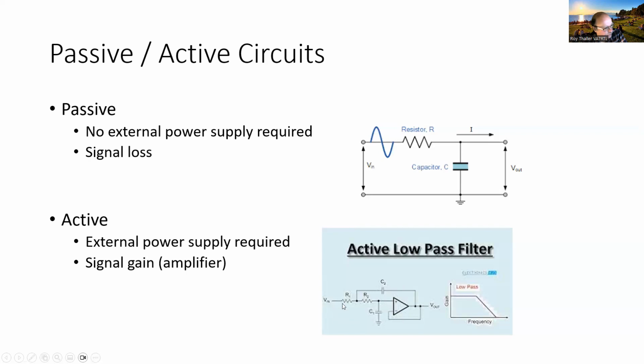But, you have the voltage coming in, you have a couple of resistors here, a couple capacitors, and because you are using an amplifier, you can actually get more output than input, or have it equal, so you're not going to lose any signal. So here's your low pass filter, and then your signal's going to come off. It's going to allow the low pass signals to go through, and then the higher frequency signals are going to be dropping off. So this is the active and passive circuits.